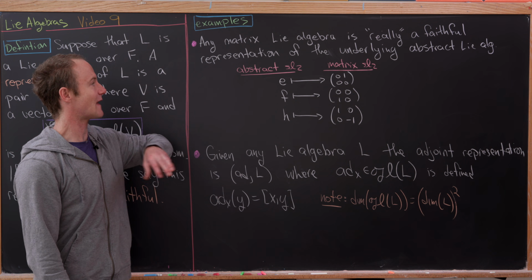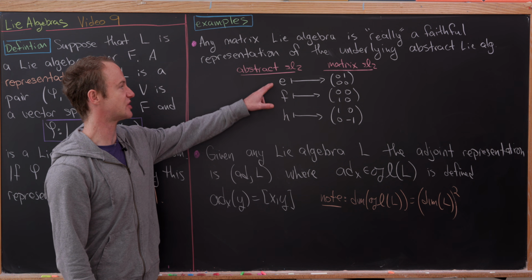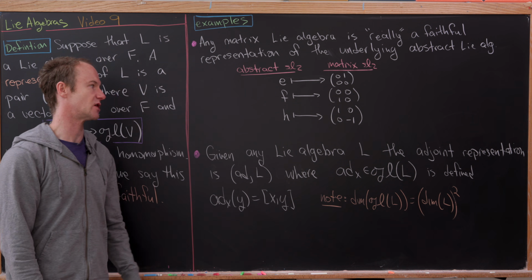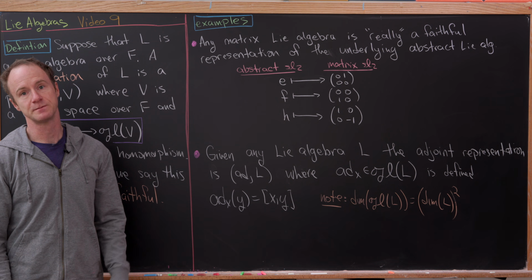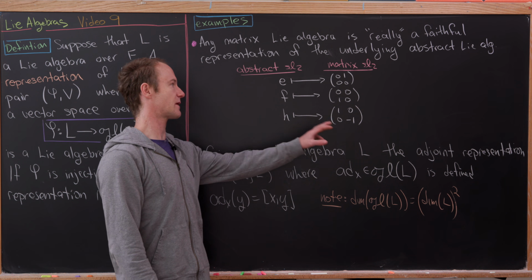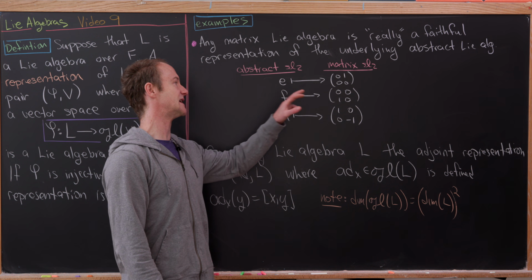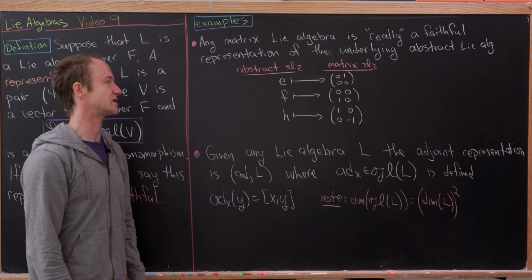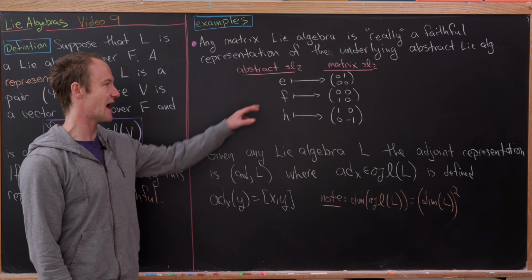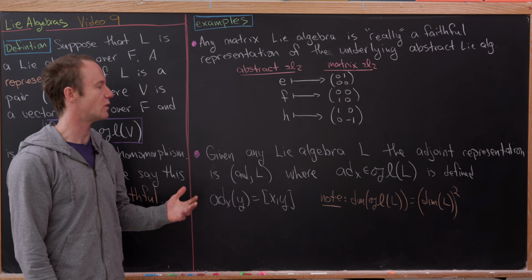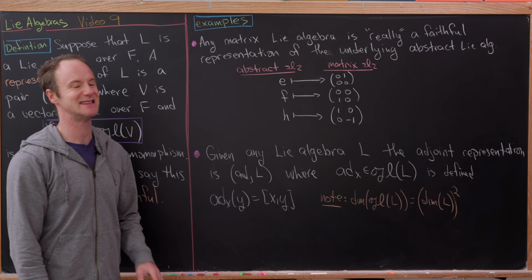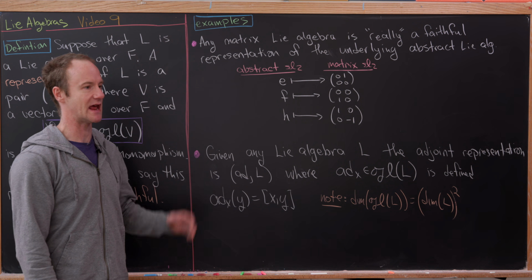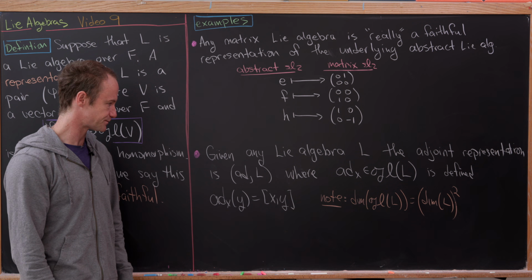For example, abstract sl2 is generally spanned by vectors which we call E, F, and H. But the standard representation would assign E to the matrix [[0,1],[0,0]], F to the matrix [[0,0],[1,0]], and H to the diagonal matrix with 1 and -1 on the diagonal.